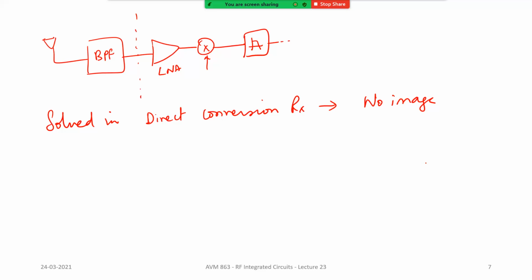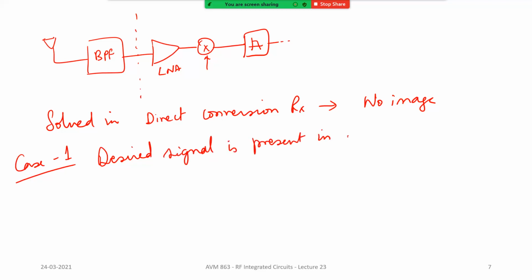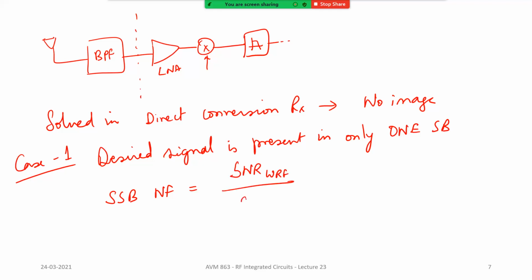Let me say case one: the desired signal is present in only one sideband, that is either omega LO plus IF or omega LO minus IF. That is called the single sideband noise figure, which is defined as the SNR at omega RF divided by the SNR at IF.